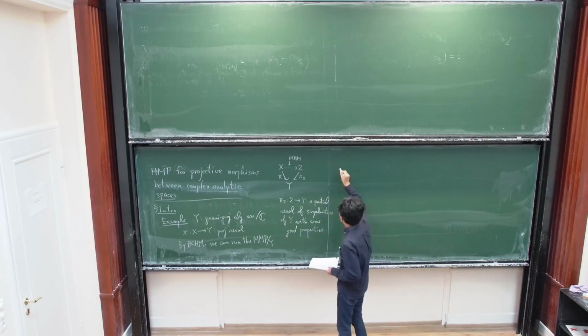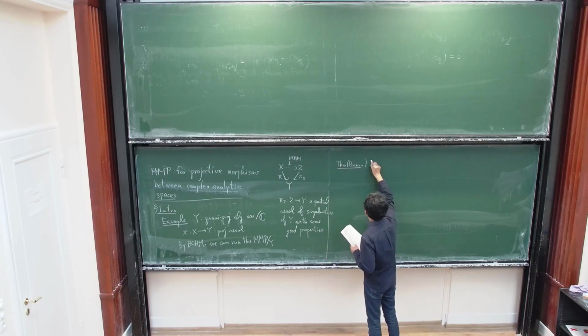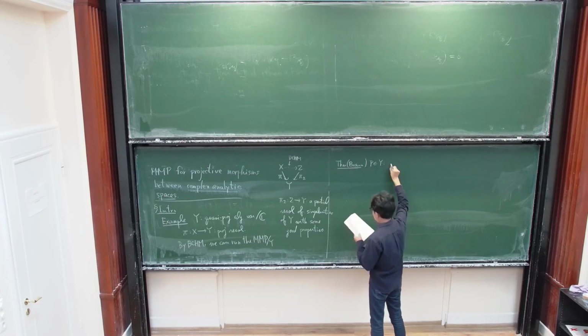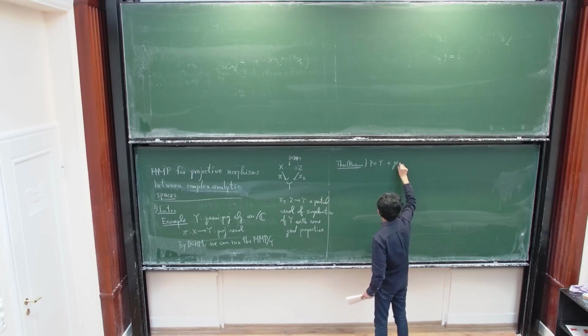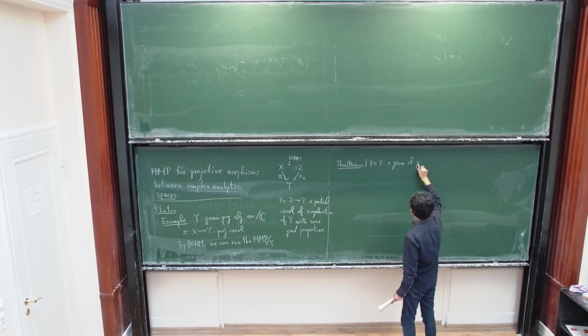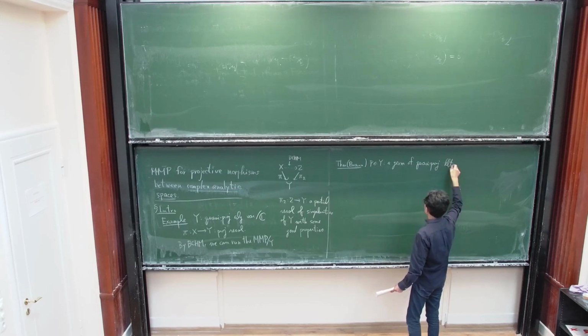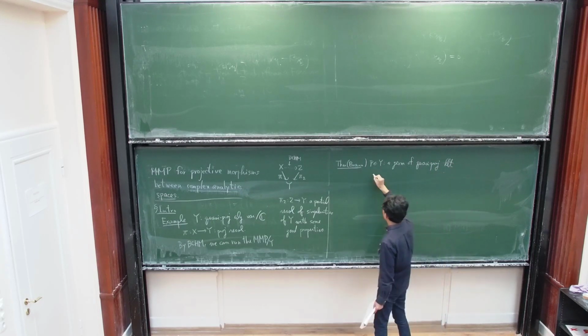So let's recall Braun's theorem. Let Y be a germ of a projective klt singularity. Klt means Kawamata log terminal singularity.